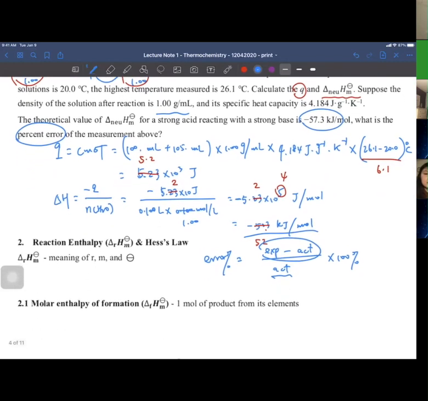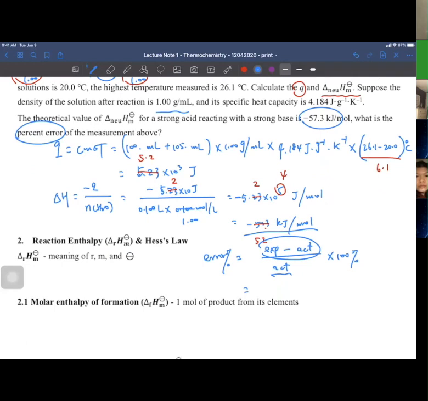So if we put the data in, it will equal negative 52 minus negative 57.3, divided by negative 57.3, times 100%. We will get a negative percent, right? That means your answer actually is smaller than expected. A negative error means your result is smaller than the expectation.